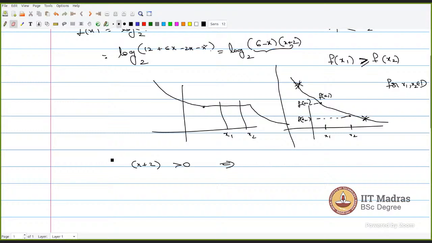So this can be written as x minus 6 times x plus 2 less than 0. Right? Now, this will be defined in this particular interval.